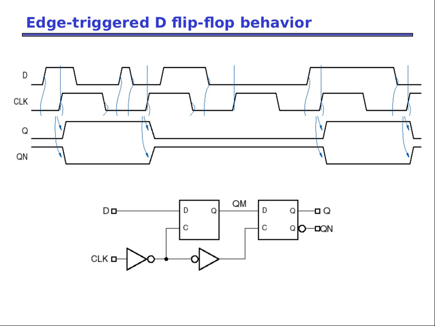Since the clock is still high, it actually doesn't matter what happens to D. D goes low, but the D latch is currently disabled because the clock is high, so we don't care.